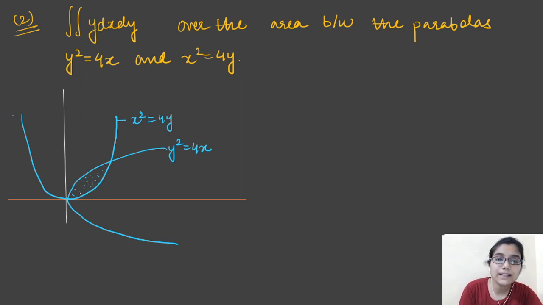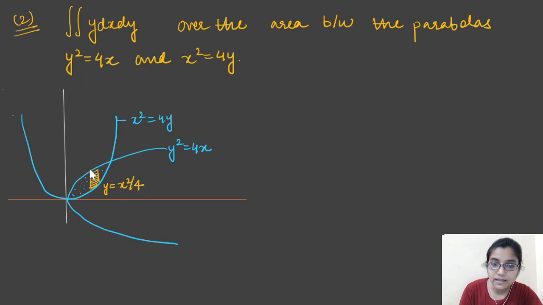In this case, if you want to find the limit of y in terms of x, then you simply draw a strip which is parallel to the y axis. Here you see, this is x square is equal to 4y, so you will get y is equal to x square by 4.